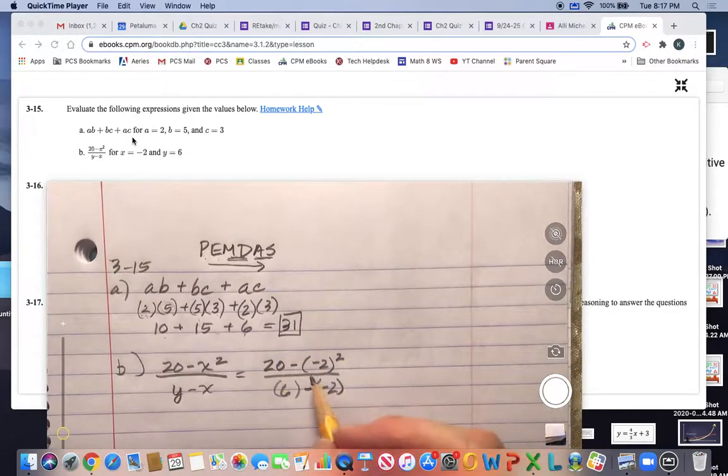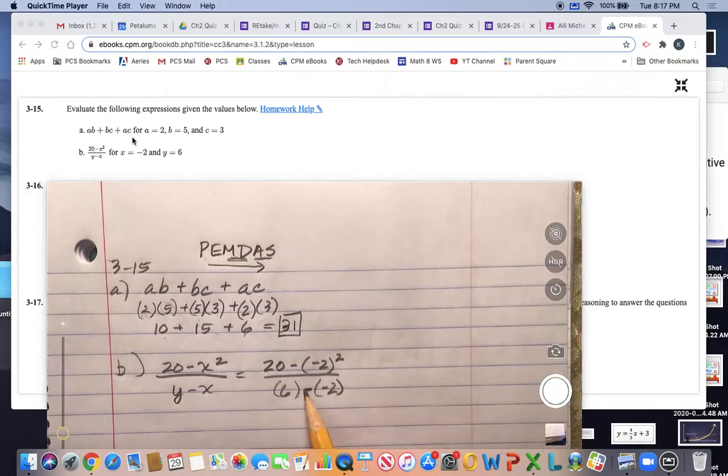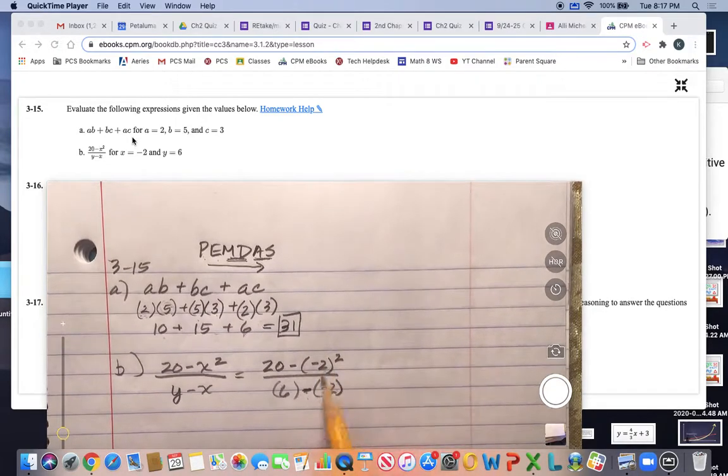Okay, so in this case, we do have parentheses and there's something going on. In front of the parentheses, there's a negative sign. And as we know from our work with the algebra tiles, whenever we have parentheses with a negative sign in front of it, that means that whatever value is inside of it, we're going to have to flip the sign when we get rid of the parentheses.